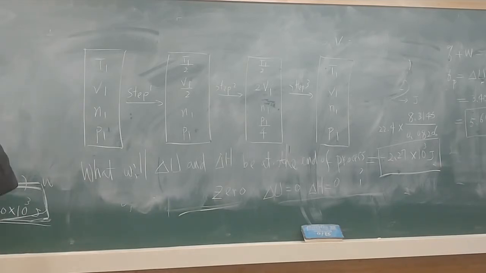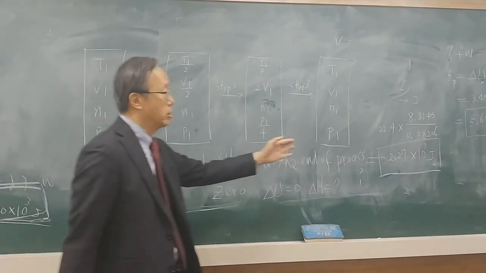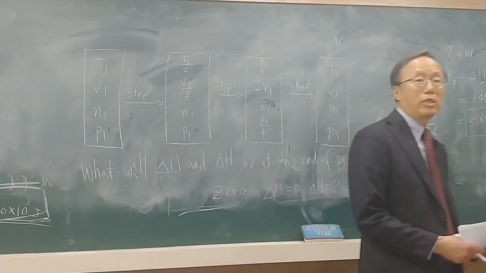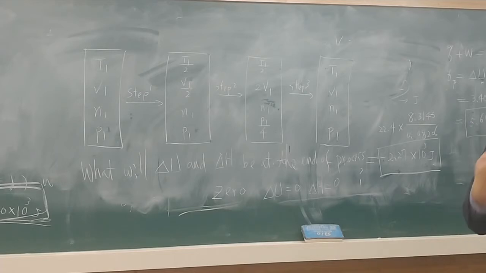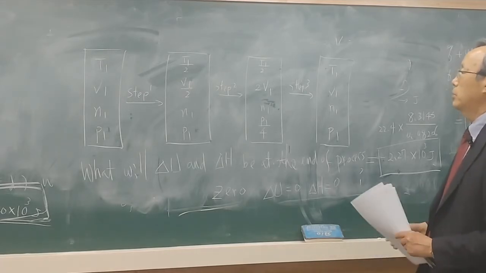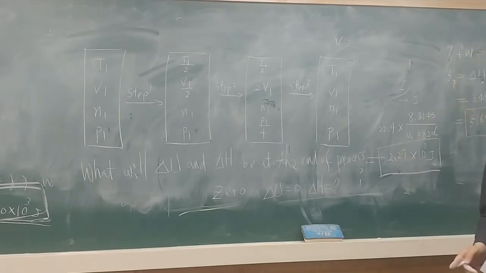At the end, these variables are unchanged. The initial and final state are unchanged. That means there's no internal energy change and no enthalpy change. So enthalpy and energy are state functions. This is a very important statement, right?